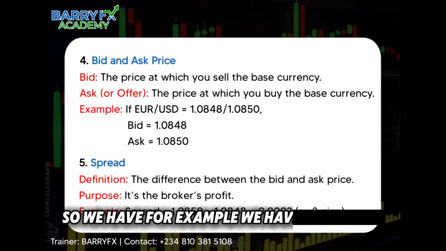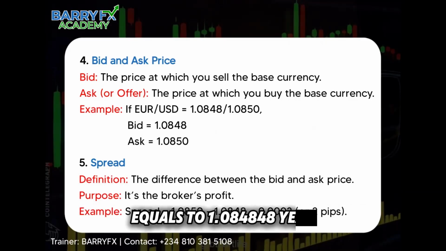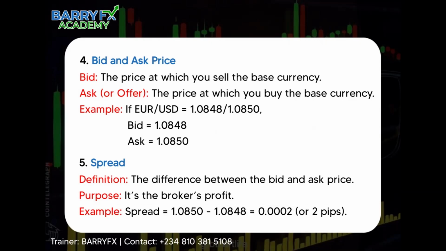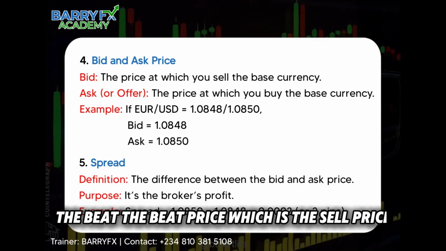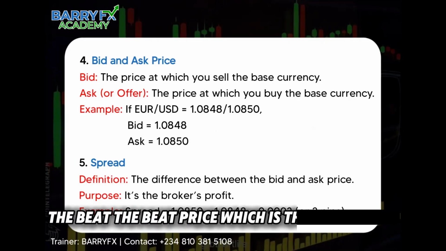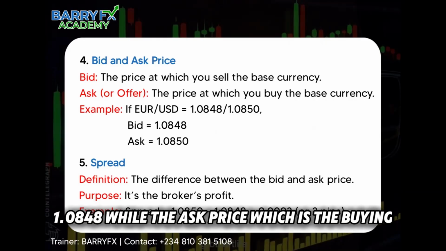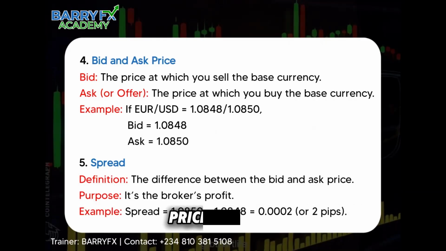So for example, if Euro USD equals 1.0848 slash 1.0850, the bid price, which is the sell price, is 1.0848, while the ask price, which is the buying price, is 1.0850.